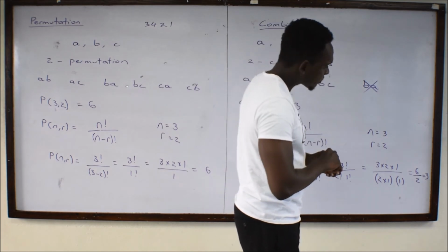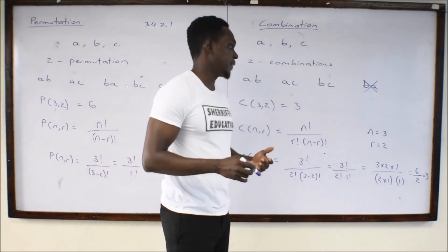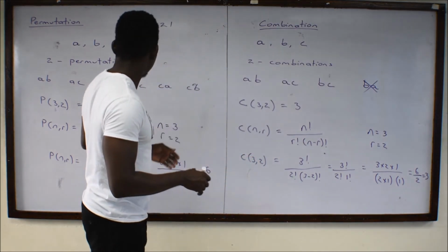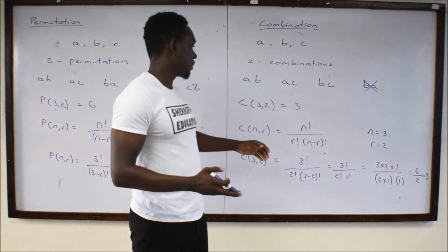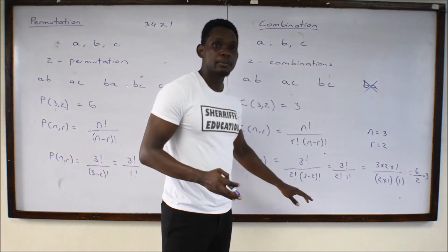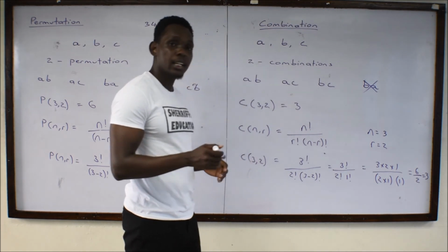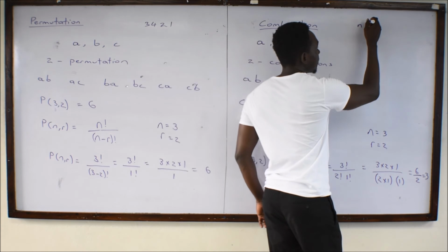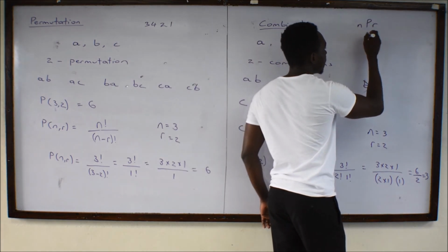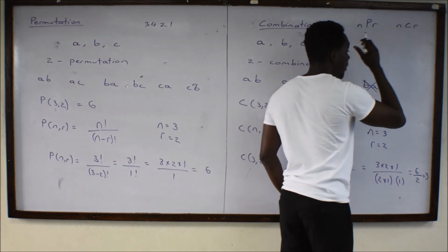Now, using your calculators, you can calculate the permutation and the combination without going through this process. If you look on your calculator, you will see nPr and nCr.